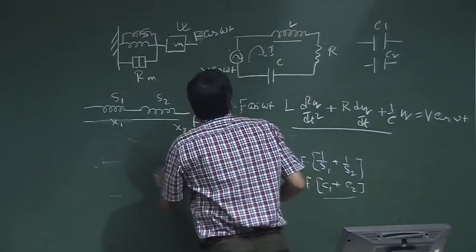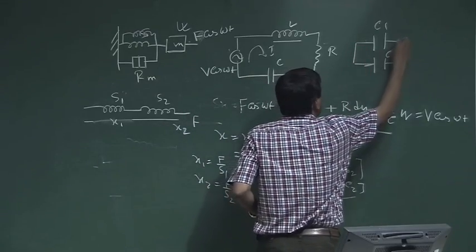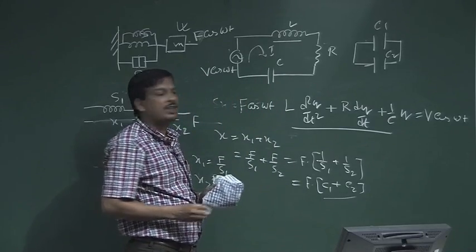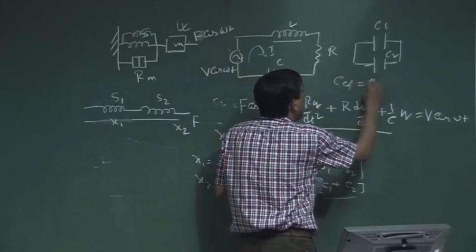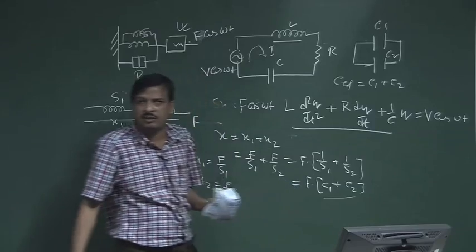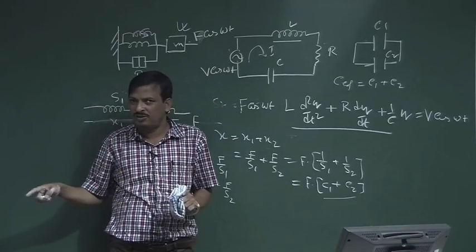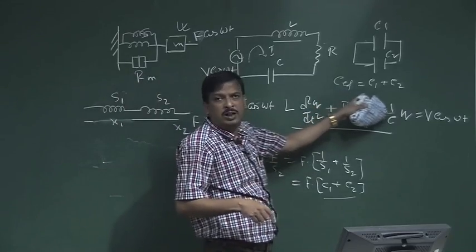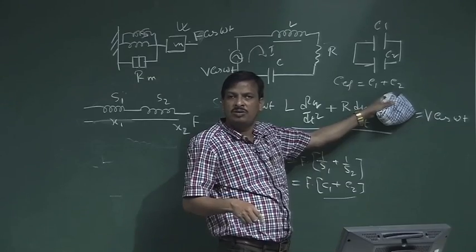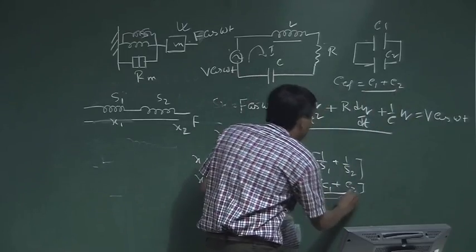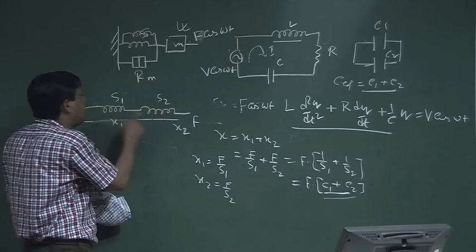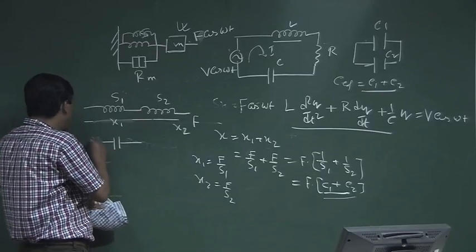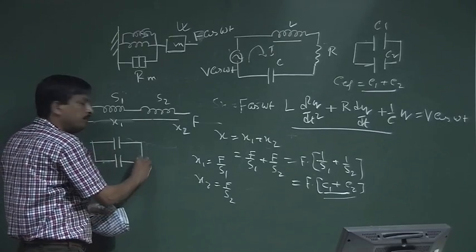So, this is equivalent to this one. If two springs are connected in series, the equivalent circuit is two electrical capacitances connected in parallel.